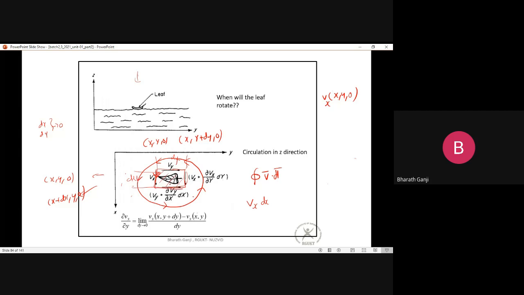And after that, here you can see as I'm walking I have the velocity there as dou vy by dou x into dx, times the length I'm walking, which is dy. But here, the field is in the opposite direction to the direction I'm walking, the velocity is in the opposite direction, so the product will be negative. So you get vx plus dou vy by dou x dy times dx. And here also as you're walking the velocity is in the opposite direction, so you get a vy times the length dy. So this is the total integration answer.